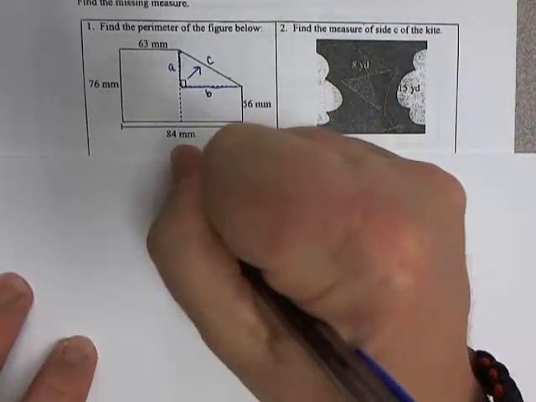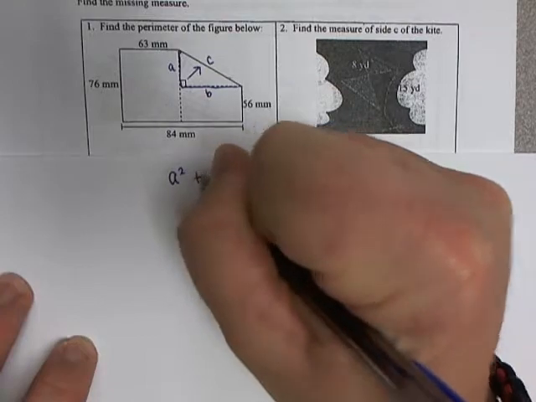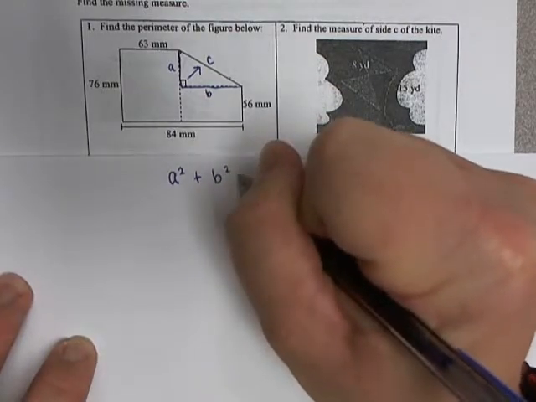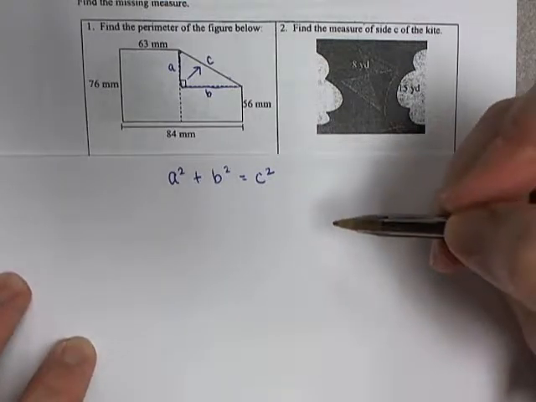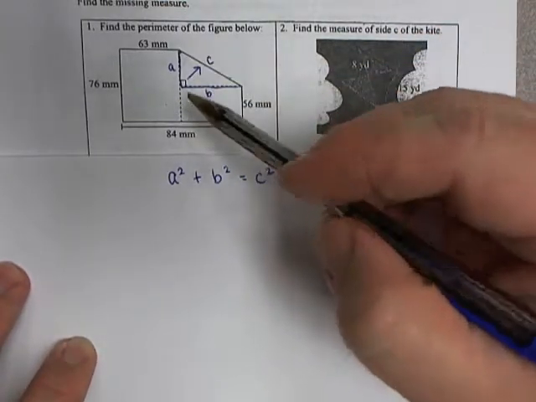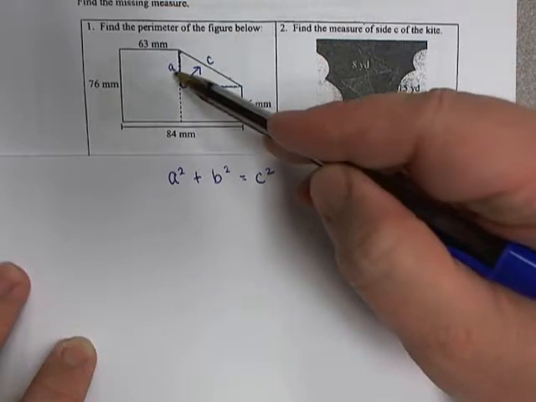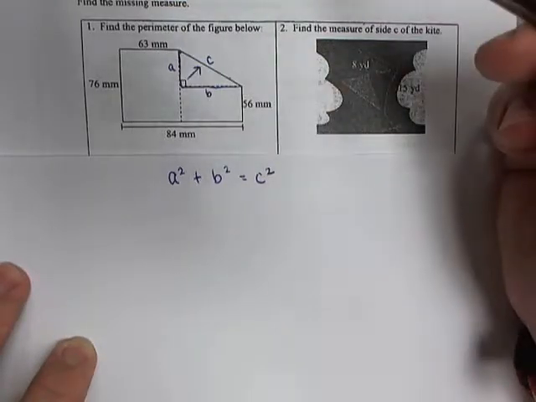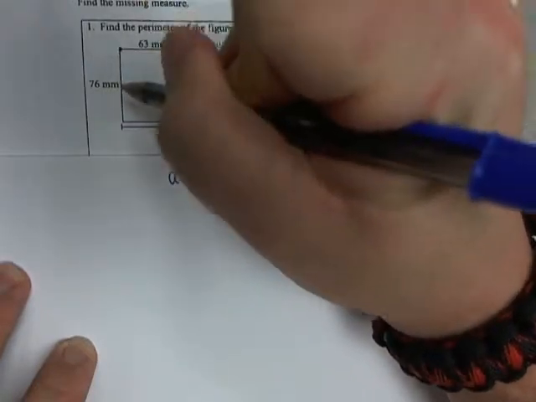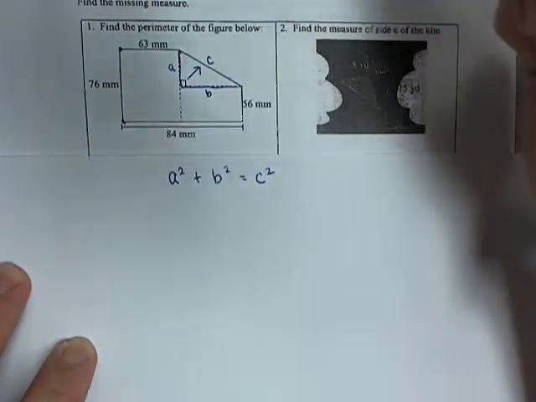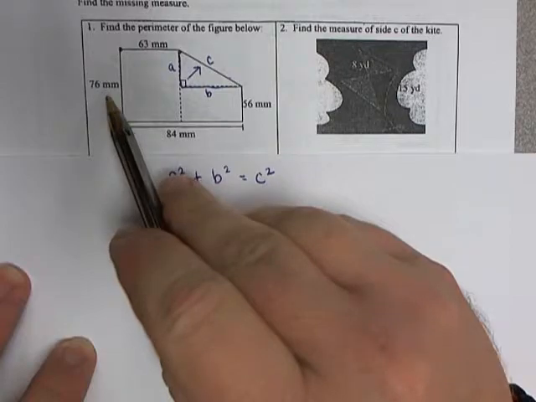We have a squared plus b squared equals c squared, with c being the unknown. So let's determine what the measurement is for leg A. Well, notice that from this point to this point, the measurement is 76 millimeters.